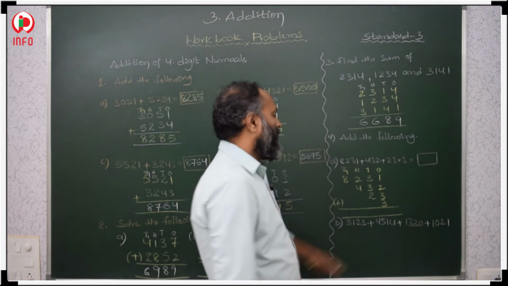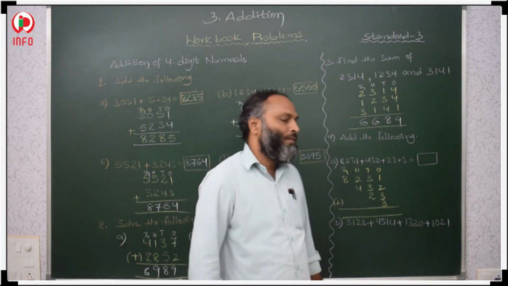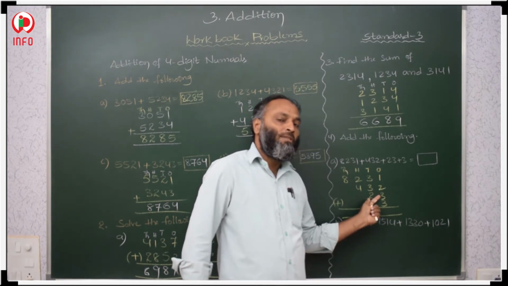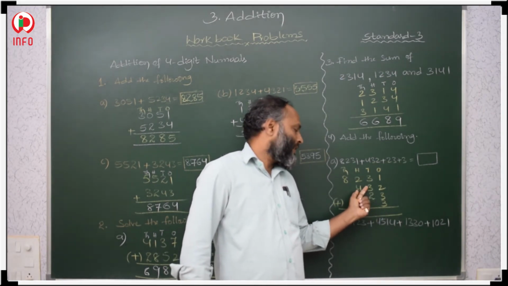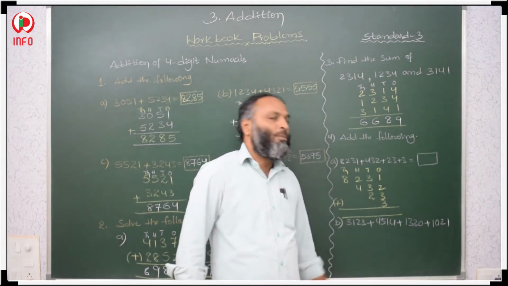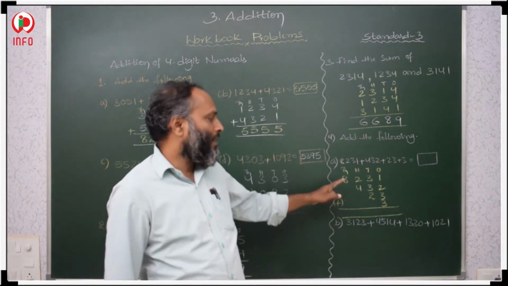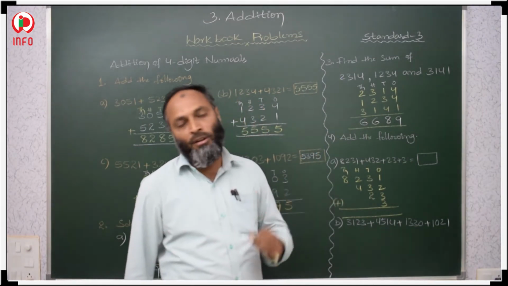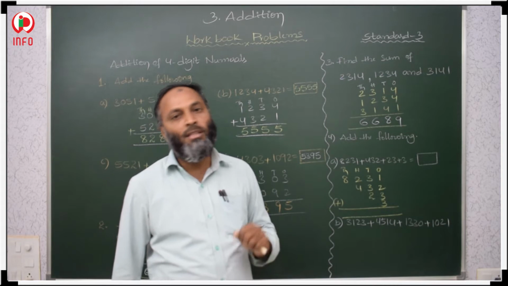So like this, if only ones place is given, you have to take only ones place. If only till tens place is given, you have to start from tens place. If only hundreds place is given, you start from hundreds place. If thousands place is given, you keep in thousands place. So this order is a must. Don't write the numbers in zigzag.